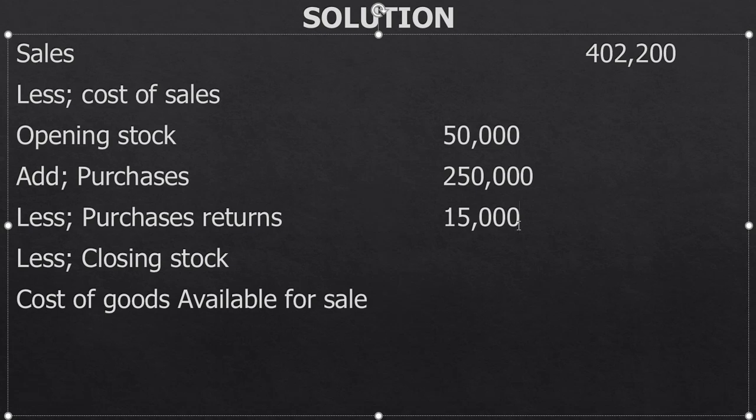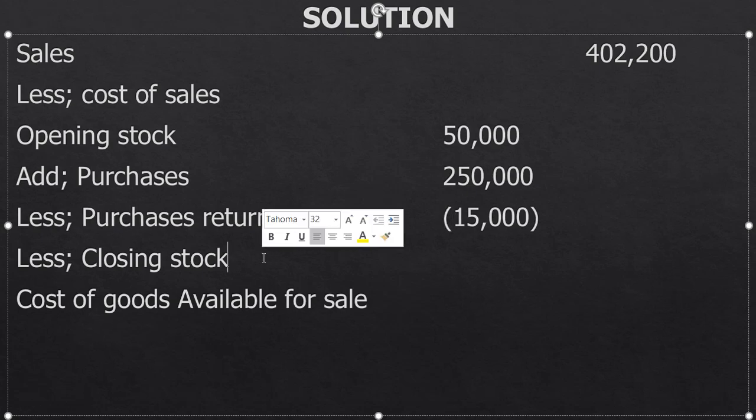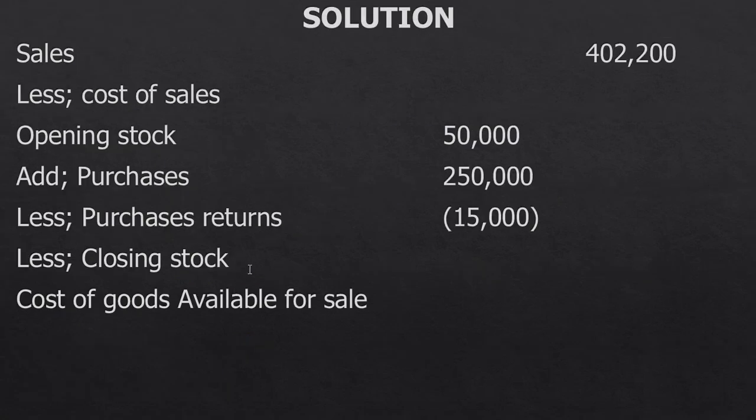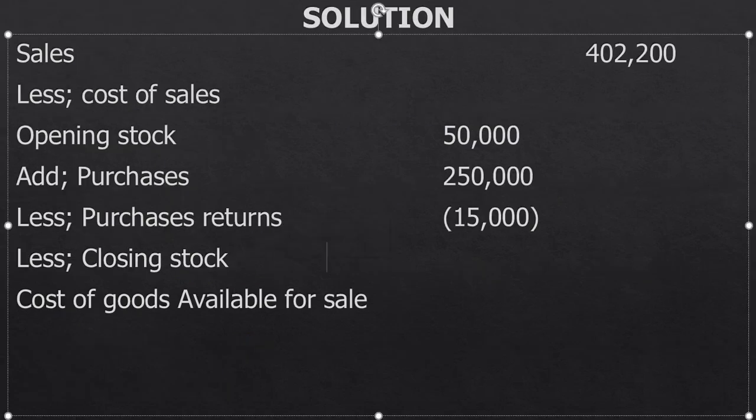Remember we are deducting, so you put it in brackets like that. Then closing stock, we saw it in the additional information and they told us that the closing stock is 42,000. So you come here and deduct 42,000.